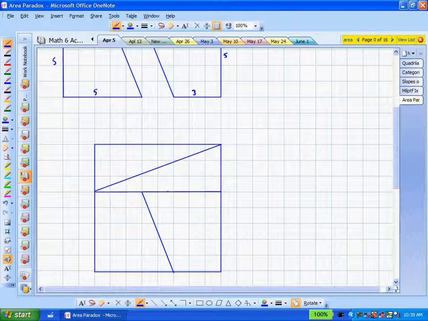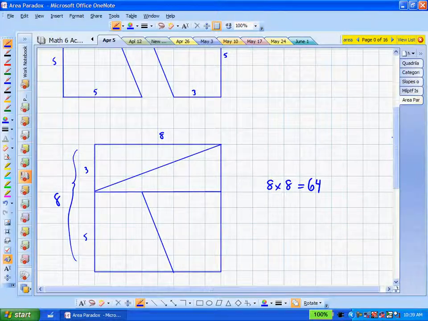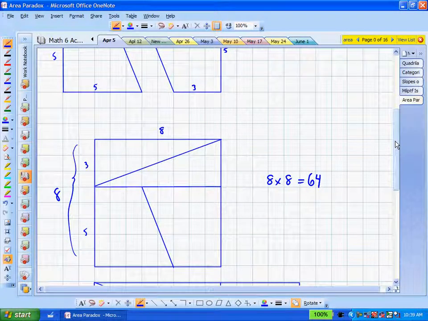And if we look at the square, this 3 and this 5 mean that that is now an 8 by 8 rectangle, and an 8 by 8 rectangle means it is 64 square units, and they can piece it together and see the 64 square units in that rectangle. Others are working on getting together 64 units in that square. Others are looking at the rectangle.